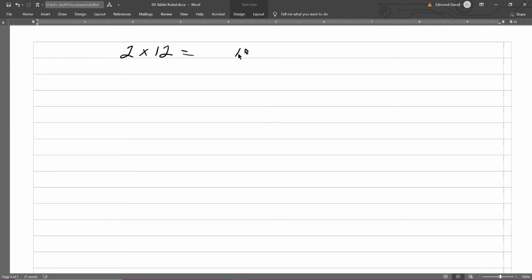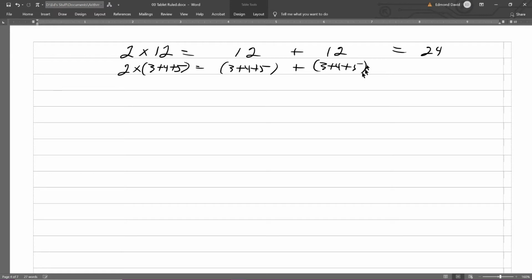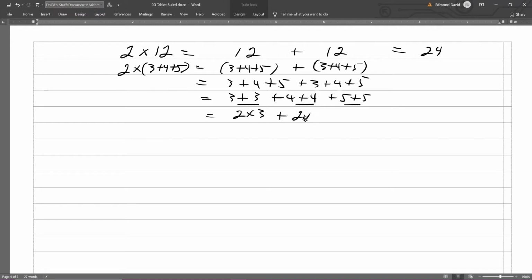Now let's try this again. 2 times 12 equals 12 plus 12 equals 24. 2 times the group 3 plus 4 plus 5 equals 3 plus 4 plus 5 plus 3 plus 4 plus 5 equals 3 plus 3 plus 4 plus 4 plus 5 plus 5 equals 2 times 3 plus 2 times 4 plus 2 times 5.